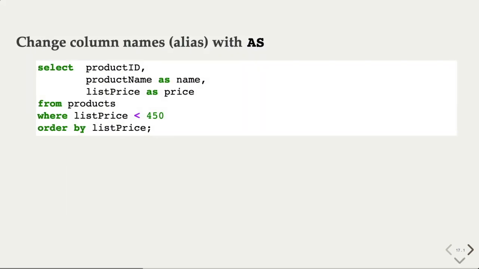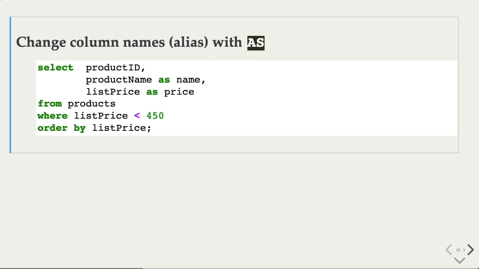Now when we select columns, we can also change the names of the columns with an alias, using the AS keyword. For example, when we select from the products, we can select product ID. If we like the name of the column, that's fine, we can keep it there. We can select product name.